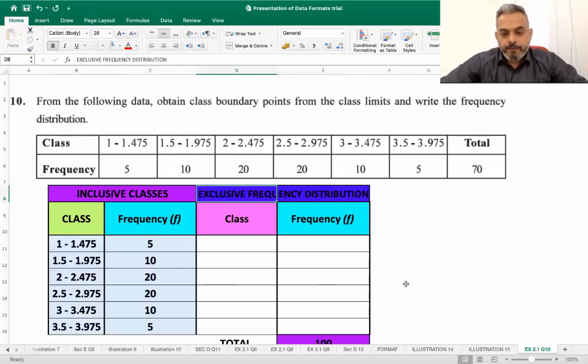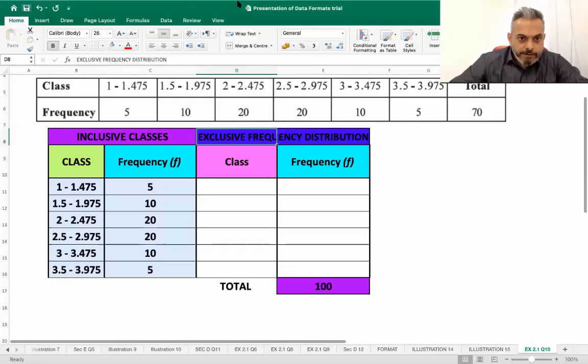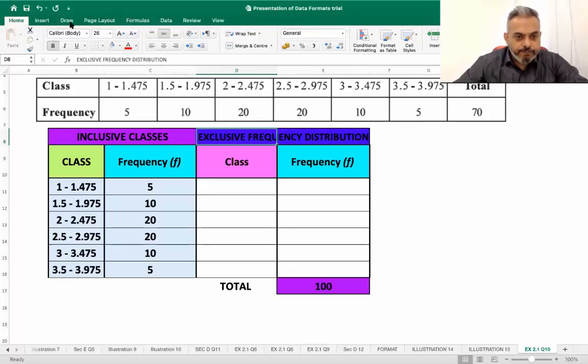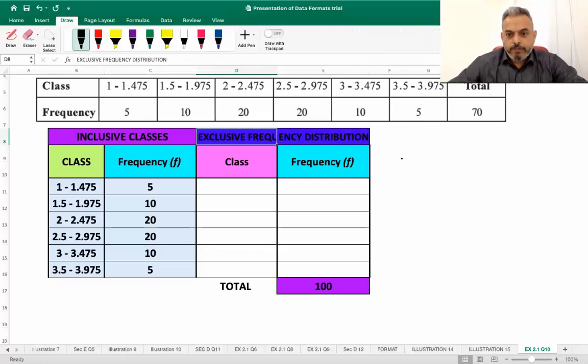Now let me do some working over here. Keep calculators with you. Our first class is 1 to 1.475. Second class is 1.5 to 1.975.